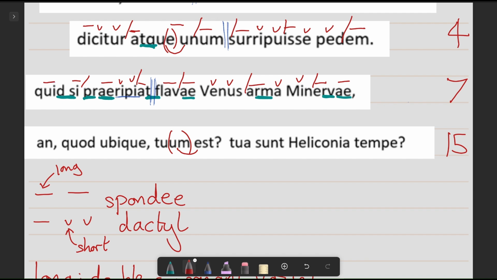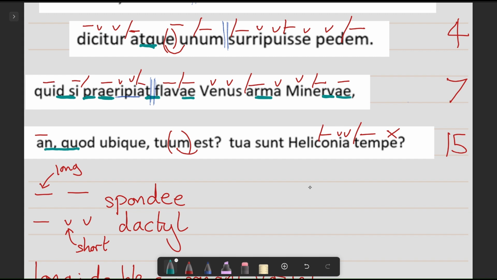This is hexameter. So we'll start from the end, long x, then long, short, short. And the first one will be long. So are there any diphthongs? No, there are not. Are there any double consonants? We have an, qua. Oh, by the way, qua isn't a double consonant on its own.